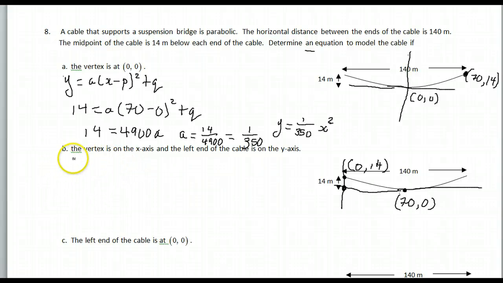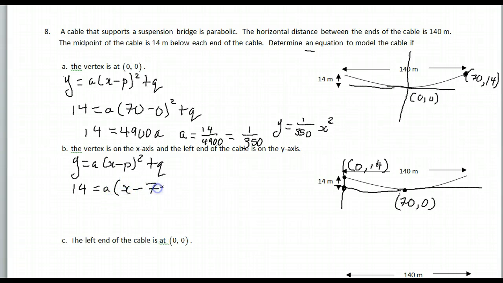Let's start with the equation, y equals a times x minus p squared plus q. Substituting in everything we know, the y value is 14. Again, we don't know a. x minus, in this case, the p value is 70, squared, and the q value is 0.